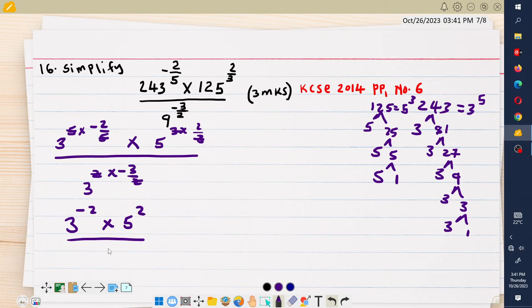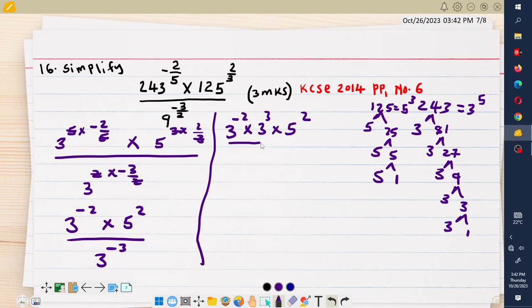Then divided by 3 to the power of negative 3. So let me take this one to the numerator, so it will be 3 to the power of negative 2 multiplied by 3 to the power of 3. When we take this one to the numerator, we negate the power such that if it was a negative, it becomes a positive. If it was a positive, it will become a negative. Then multiplied by 5 to the power of 2. So the bases are the same.